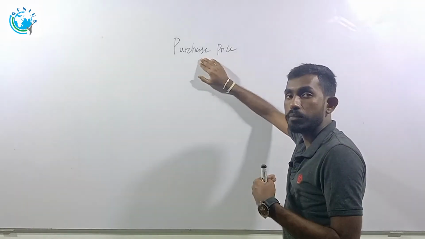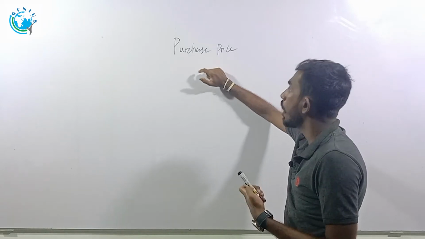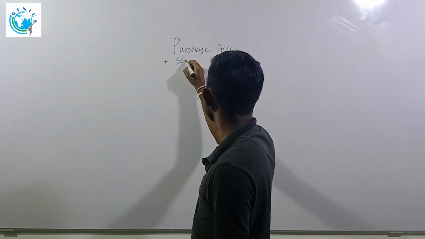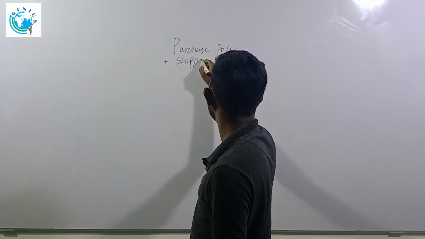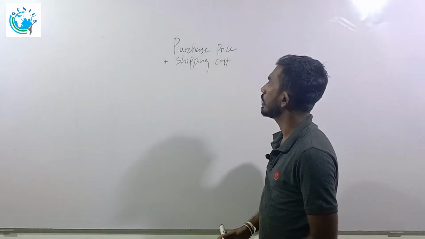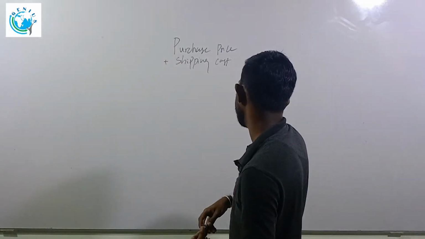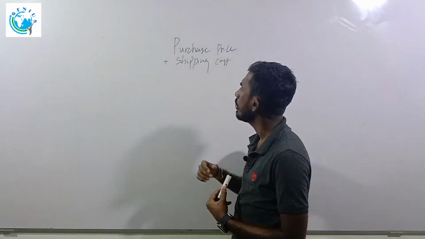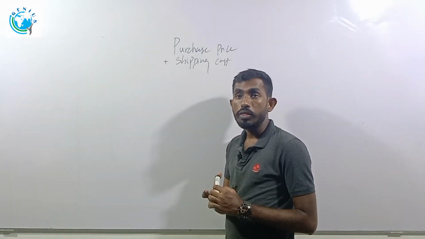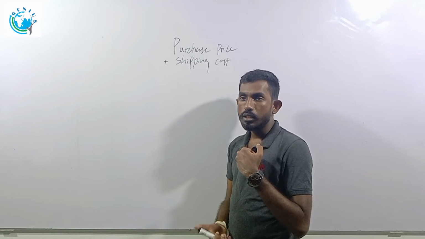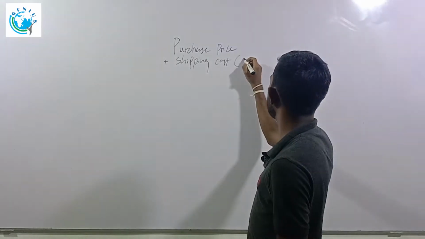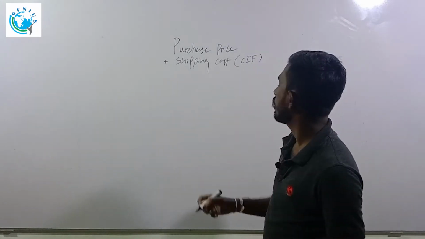So I have to take that machine into my country, so I have to incur some other additional cost, as an example, shipping cost. Sometimes the purchase price includes the shipping price, but in the usual case we have to pay the shipping price as well. Then okay, I have paid the shipping price. We say CIF, cost, insurance and freight.